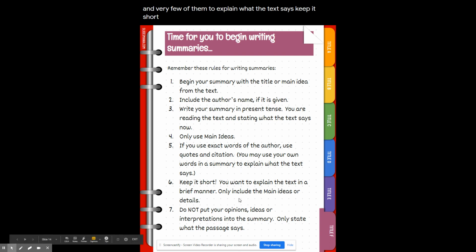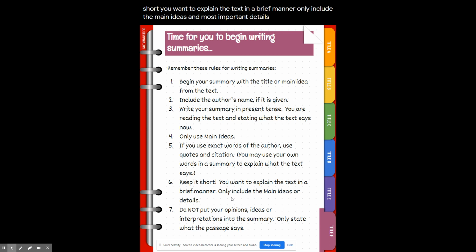Keep it short. You want to explain the text in a brief manner. Only include the main ideas and most important details. Do not put your opinions, your ideas or your interpretation into the summary. Only state what the passage says.